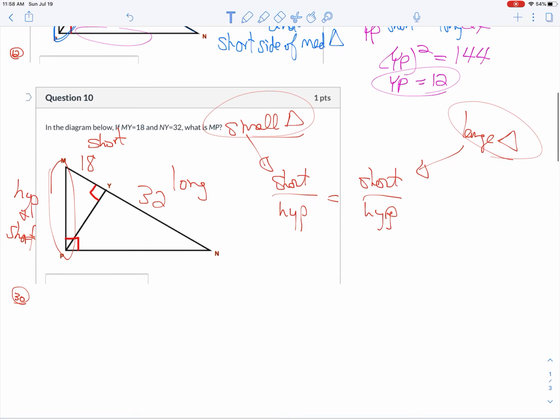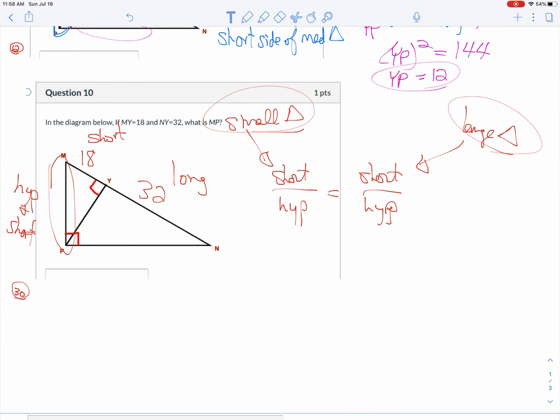Number 10, I'll get you started on this one, but it's going to be a similar thought process in that the sides that you're given, 18 and 32, have to match with or connect two triangles.